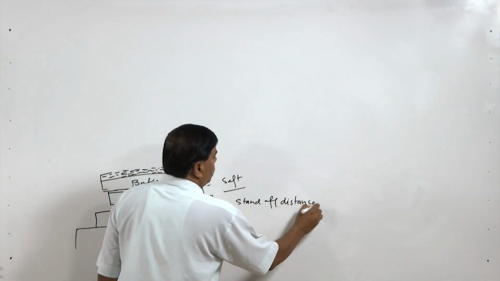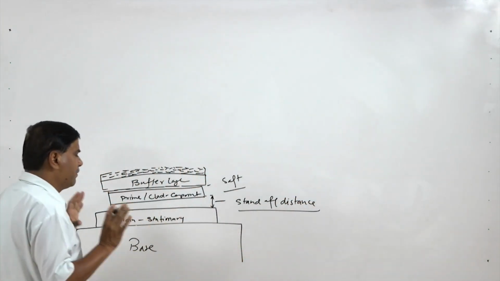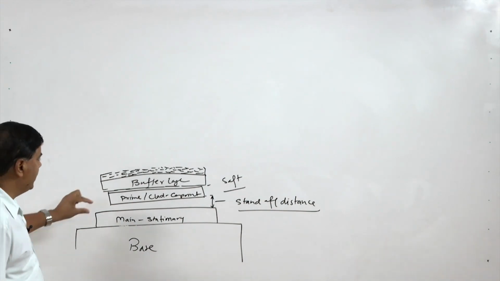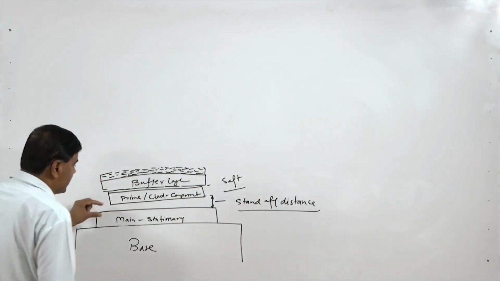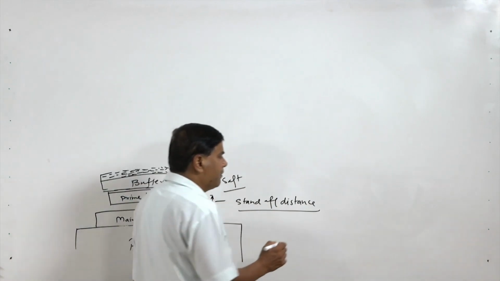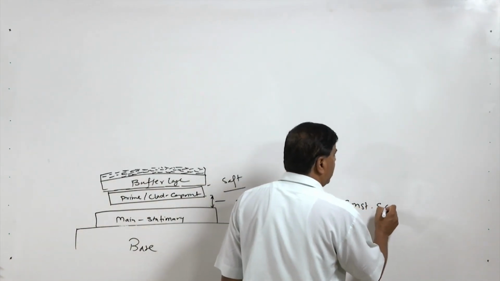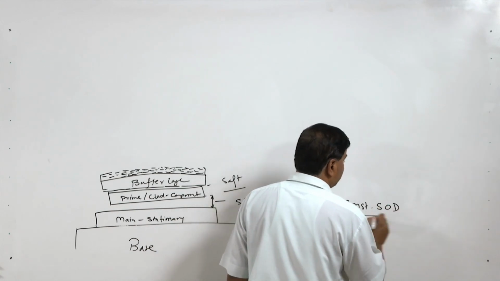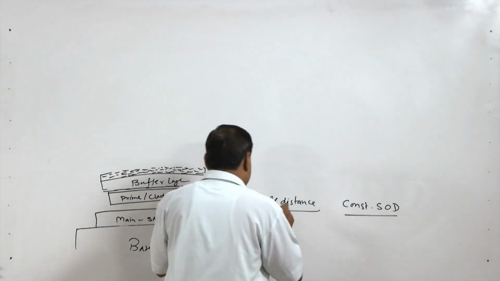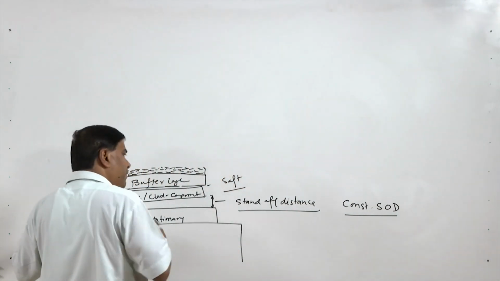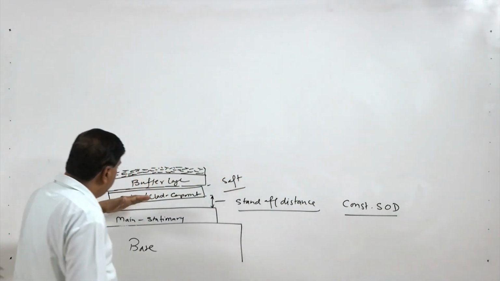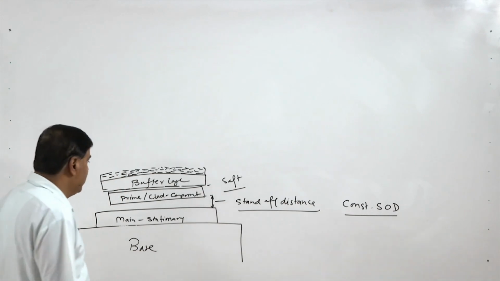This plays a crucial role in the development of a sound weld joint. In this case, the stand off distance is constant. Otherwise, it can be variable also if the prime component is kept at a particular angle.